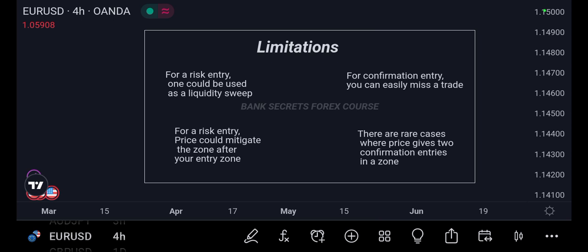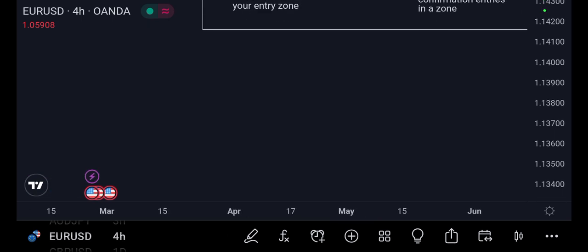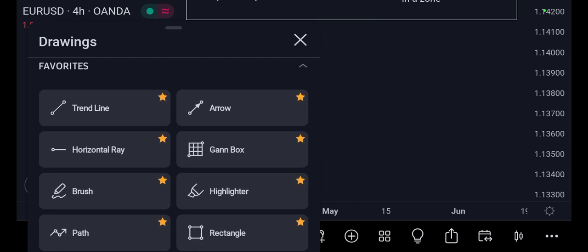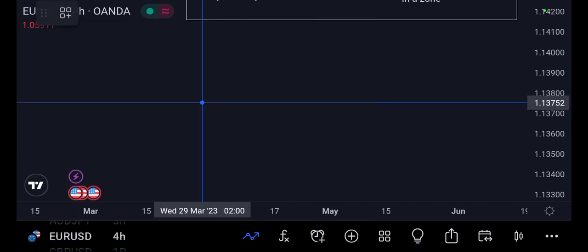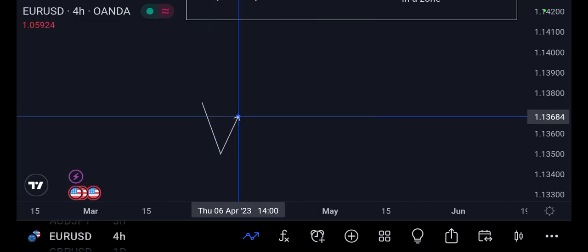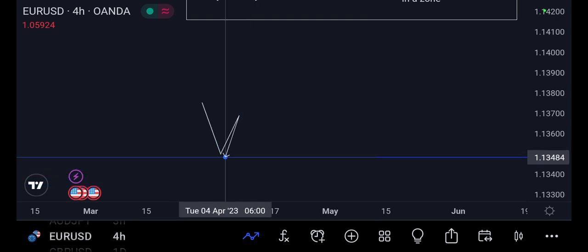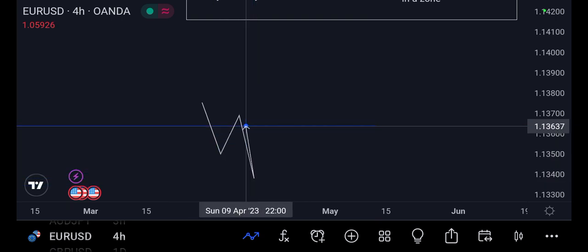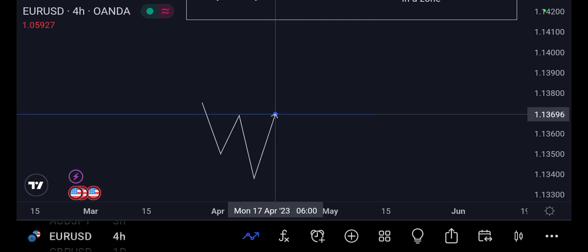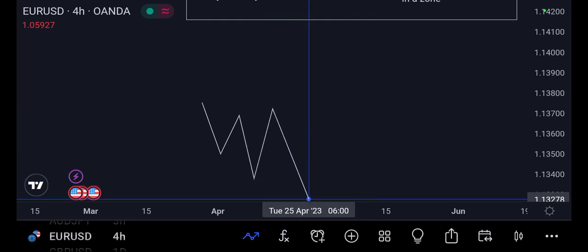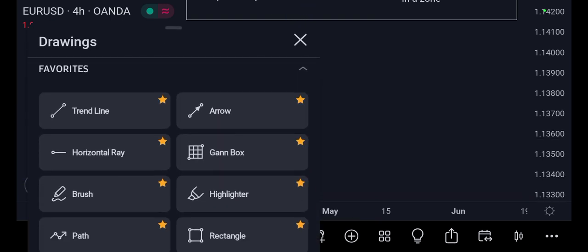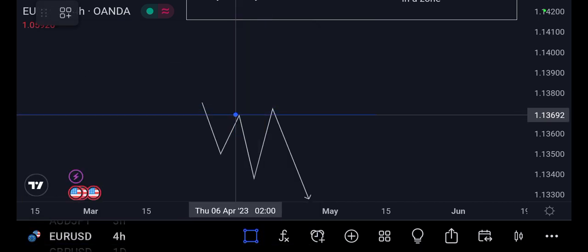You get my point? So in the case where you've already marked out your zone for a risk entry, let's say it's like this now, break of structure here, and you wanted to mark out this zone, price now did liquidity sweep and it fell. This was the zone you marked.